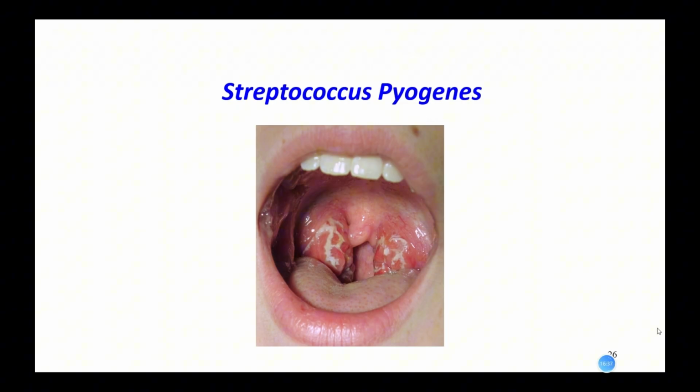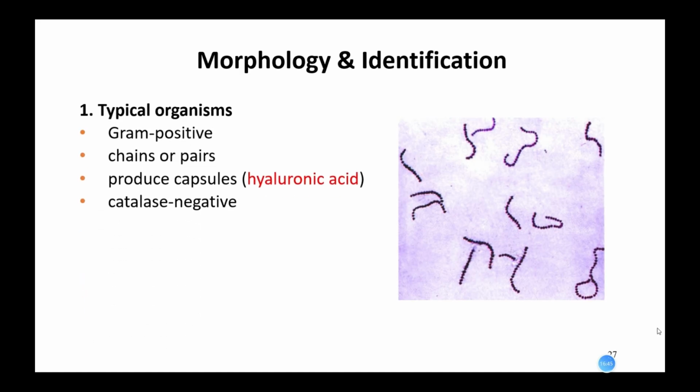Okay. So the S pathogens. First, we check their morphology and how to identify them. They are typical organisms. They are gram-positive, as you can see, and they form chains, long chains, or some isolates might show in pairs, and they do produce capsules.